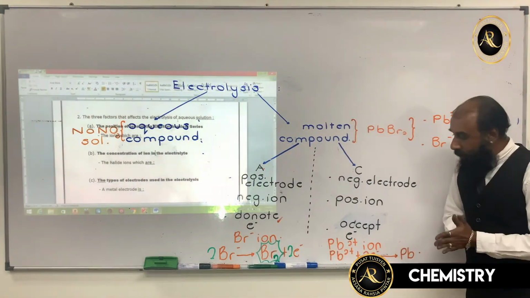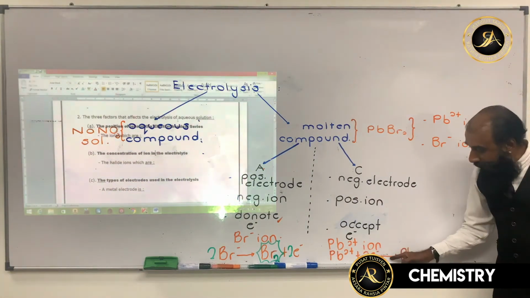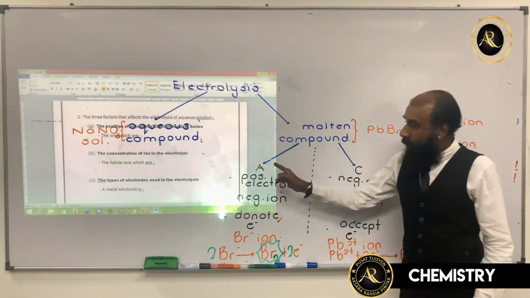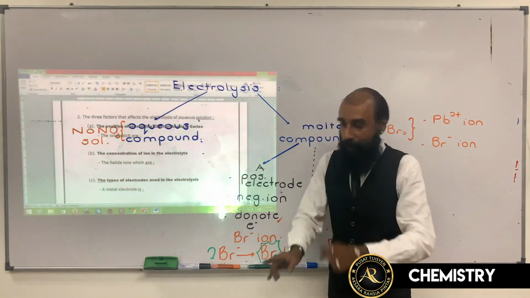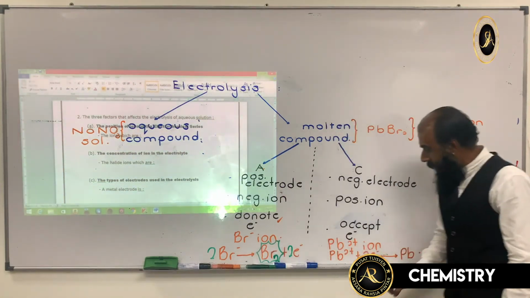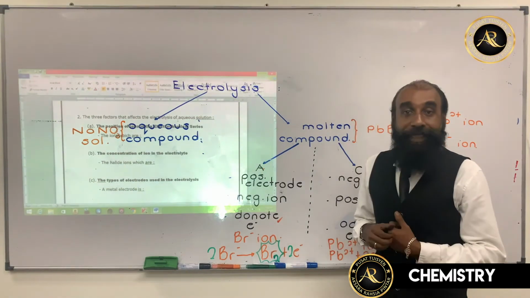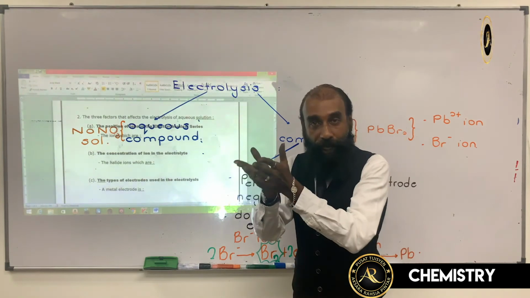Okay, now students, when accepting electrons, you can see the arrow is going more towards the right. For donating electrons, the arrow is more towards the left. You can see here and you can see here. Alright, so this is what we call the technique Batman versus Superman. When you remember one part, you can remember the other.